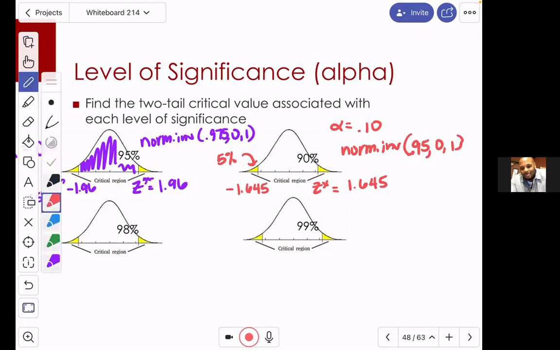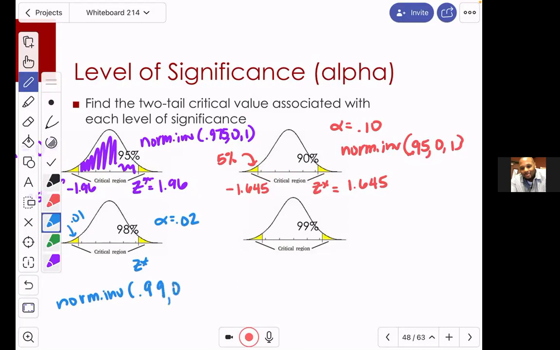So 98%, how do we calculate this? Well, there's 2%, so your alpha is equal to what here? 0.02, right? And when you calculate your z star, that means there's 0.01 sitting out here. So that's norm.inv of 0.99, because I'm adding 98 to 1.